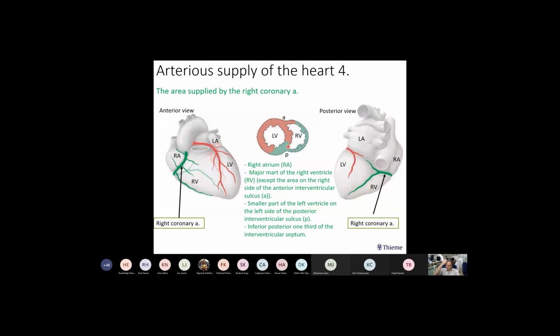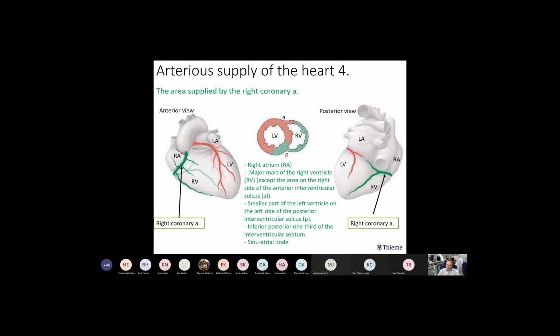And I have to mention that since the posterior interventricular branch, as the name suggests, travels in the posterior interventricular sulcus, a little area of the left ventricle on the back side is also fed by the right coronary artery.